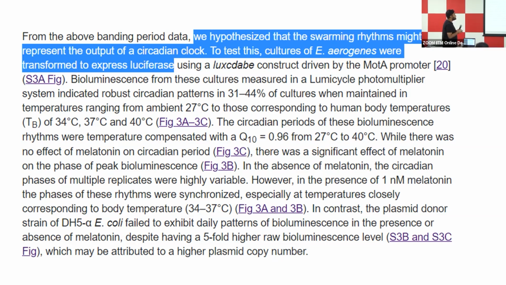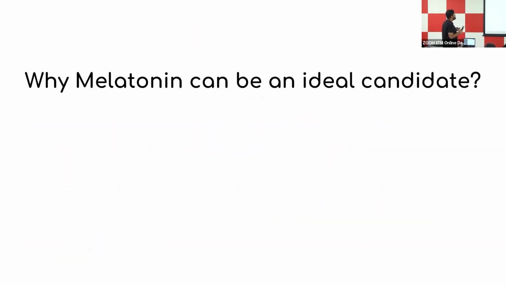This also establishes the fact that this bacteria can be easily made to express luciferase or some other bioluminescence protein. One interesting fact to note here is that this actually works only in the range of the human body temperature.